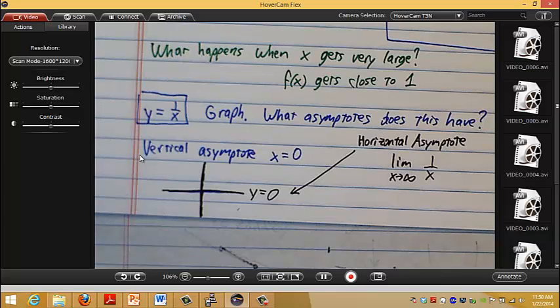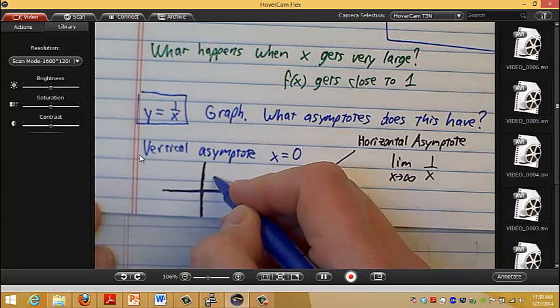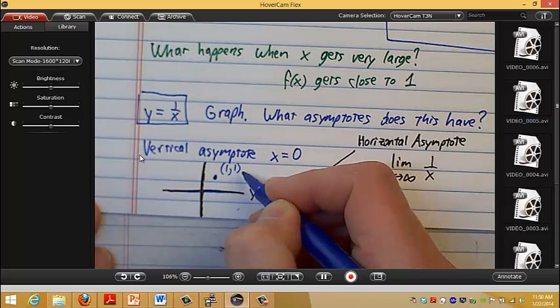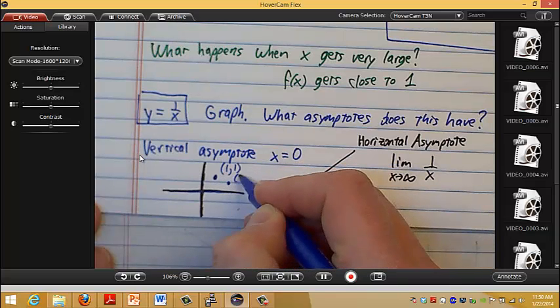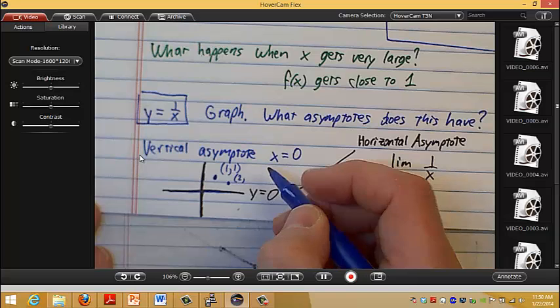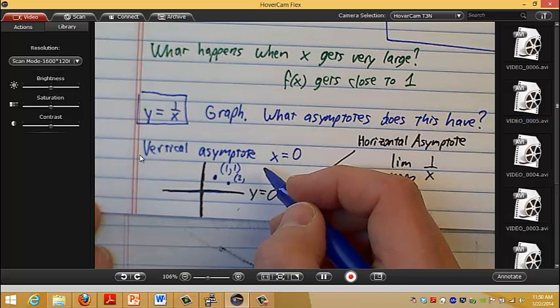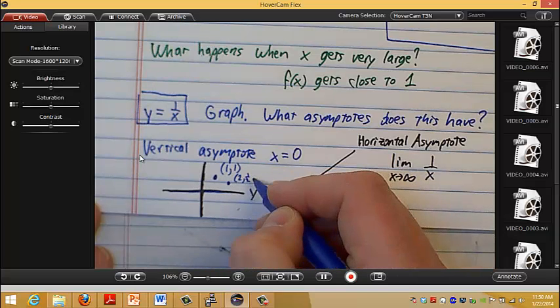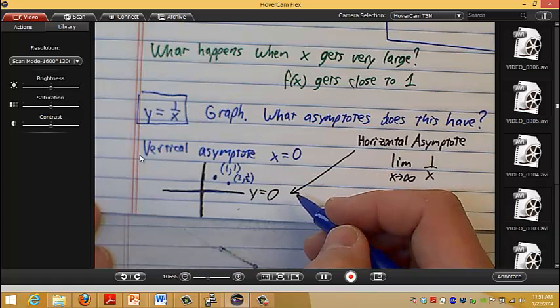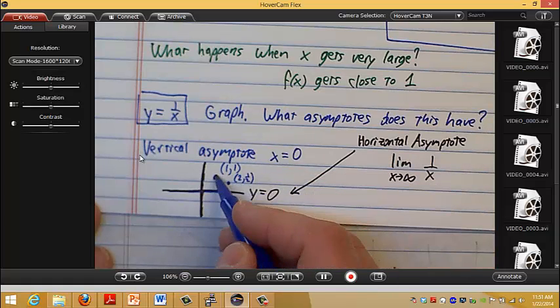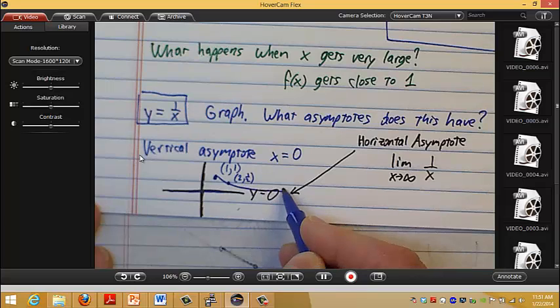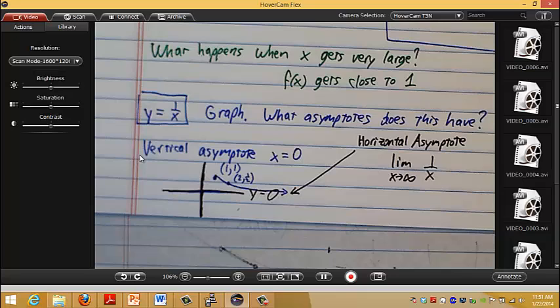Now at this point you can start plotting some points, right? I could plot the point 1, 1. I could plot the point 2, what would it be? 1/2. If I put in a 10, I'm at 1/10. You can actually see the asymptotic behavior happening. What happens if I plug in a fraction?